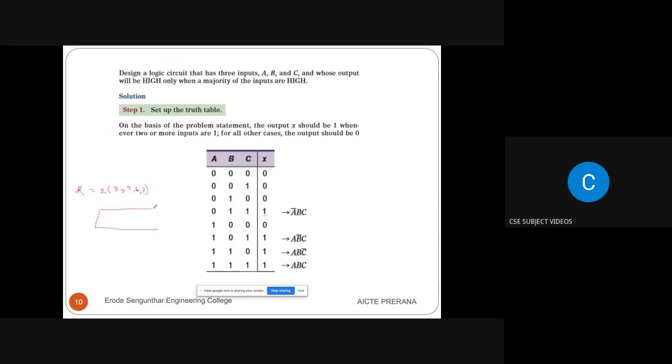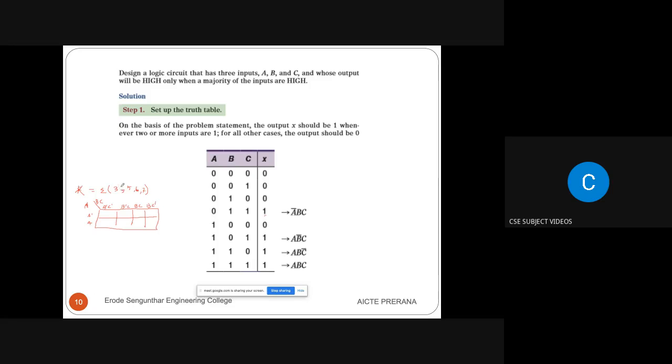The row variable is A, and the column variable is BC, with A dash and A, and the columns B dash C dash, B dash C, BC, and BC dash. So this is the K-map.